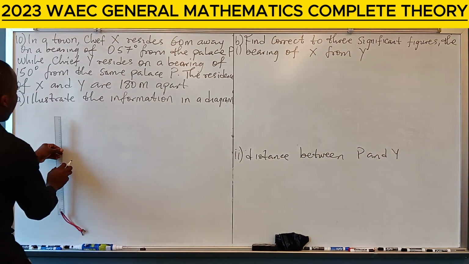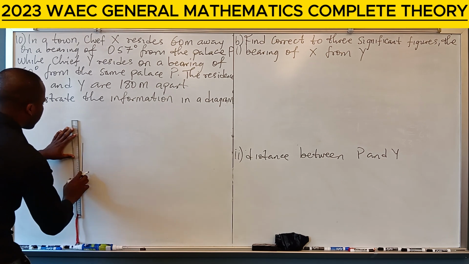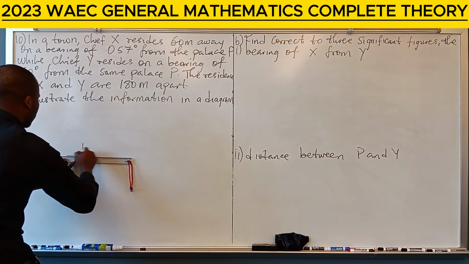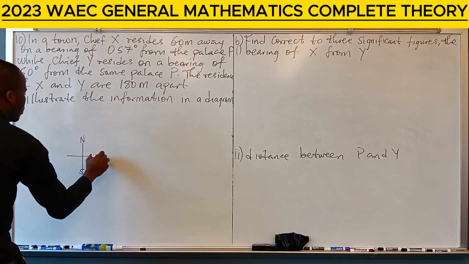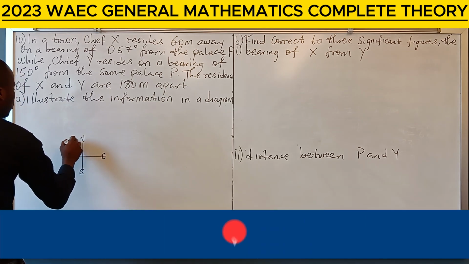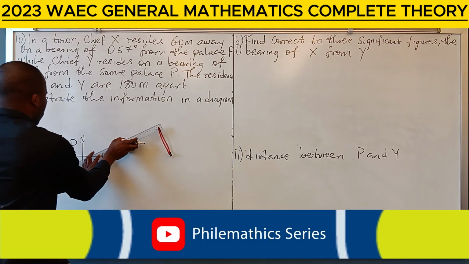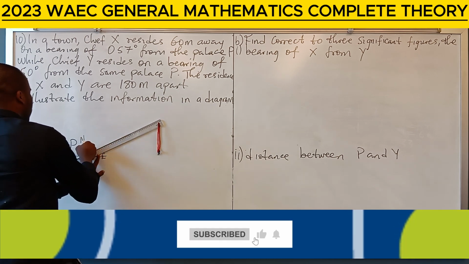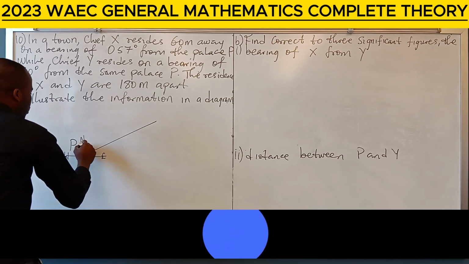So if this is the palace, north, south, east, and west. This is the palace P. X is 57. So this is 57 degrees.